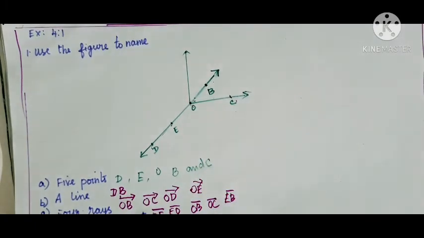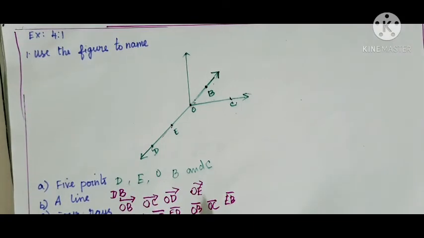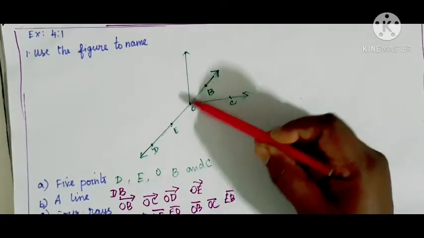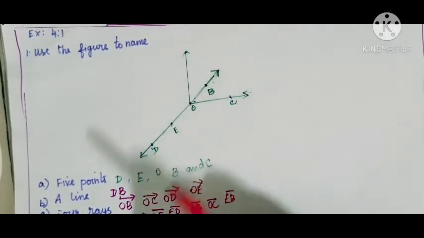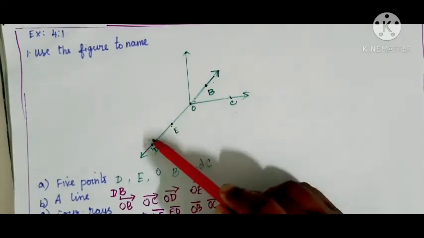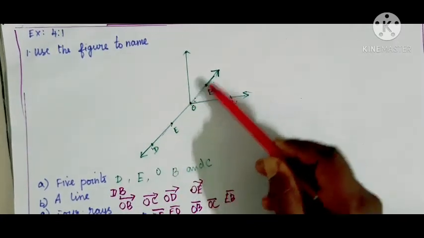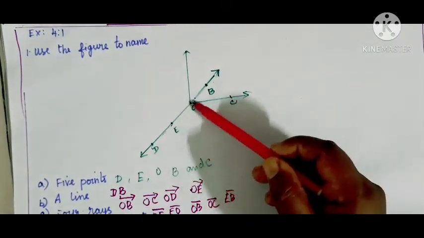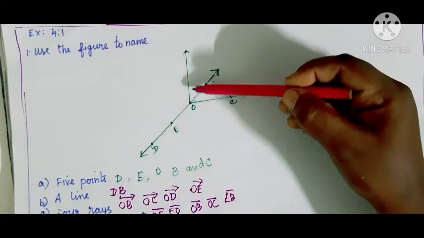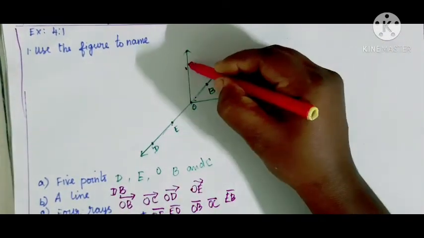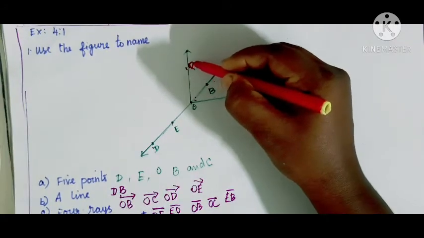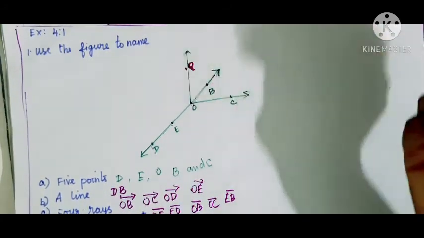Enough. I hope you can understand this. For 5 points, you take the points alone and write them. Line, you can take and write this line also. Next, for 4 rays, take all the rays passing through O. If a point is named F, then OF would be another ray.